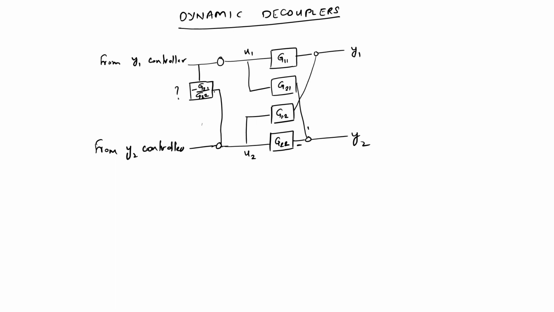So this is one-way decoupling. So now U1 changes, Y1 changes, but Y2 does not change.